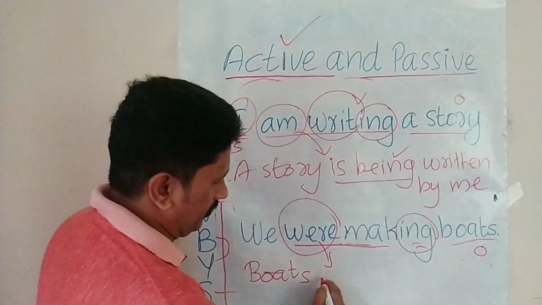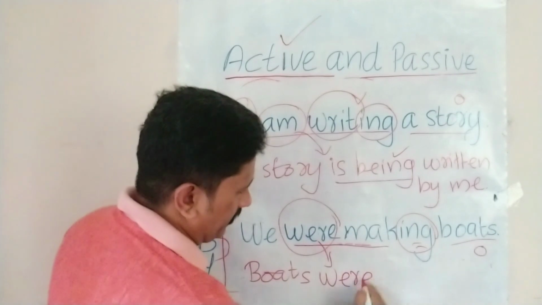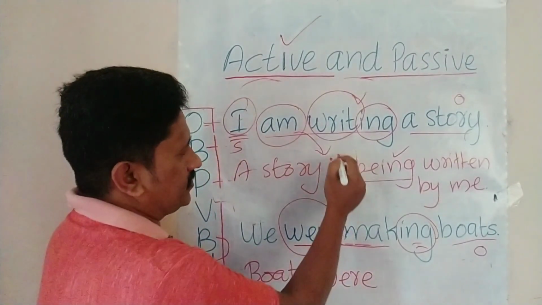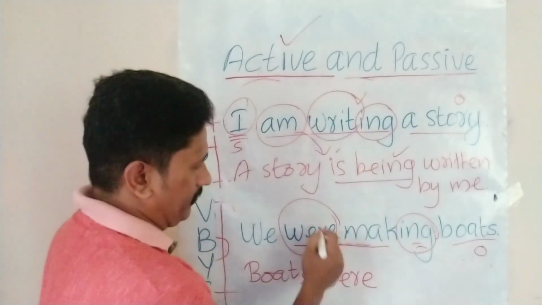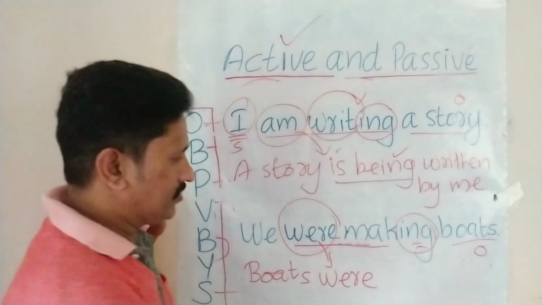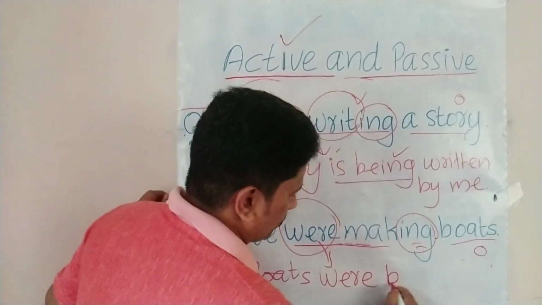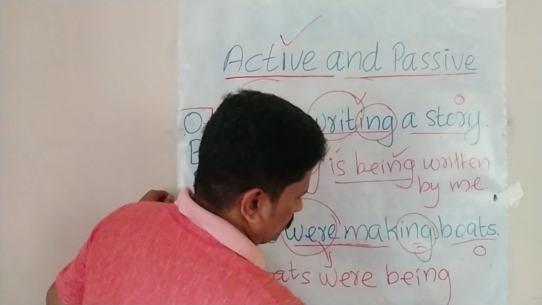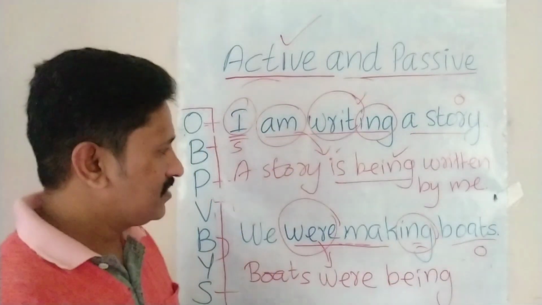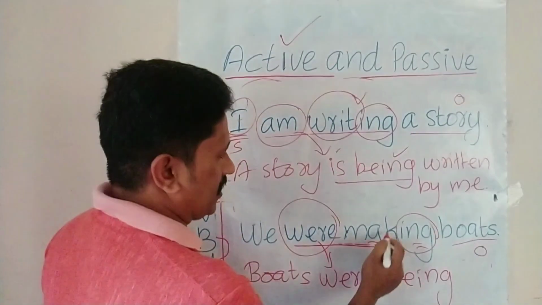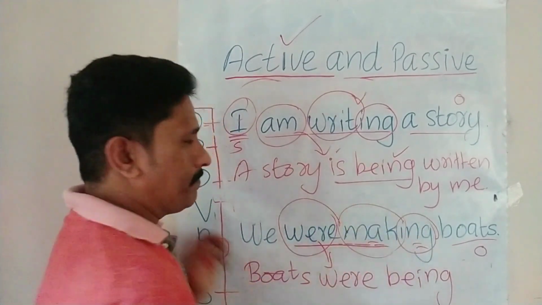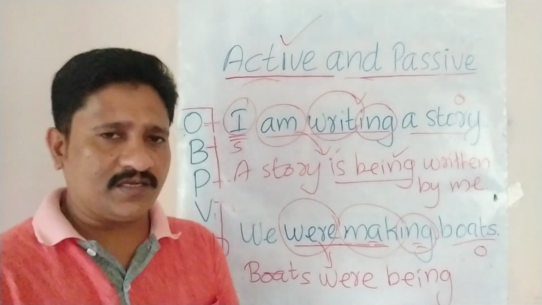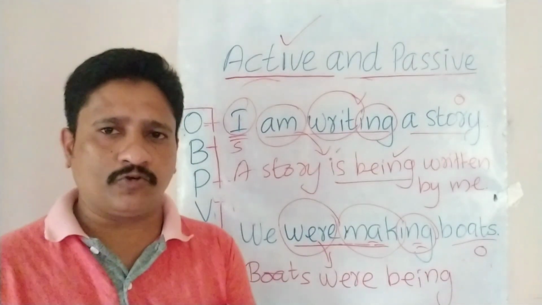So the boats were. Okay, so just as what we did here, we used the be form after the primary auxiliary was taken down. So were being, use of be form is being, and then use the past participle of the verb making, that is make is changed into made.